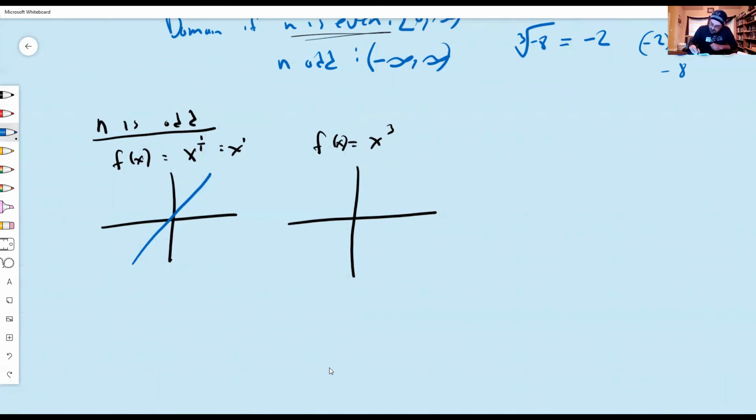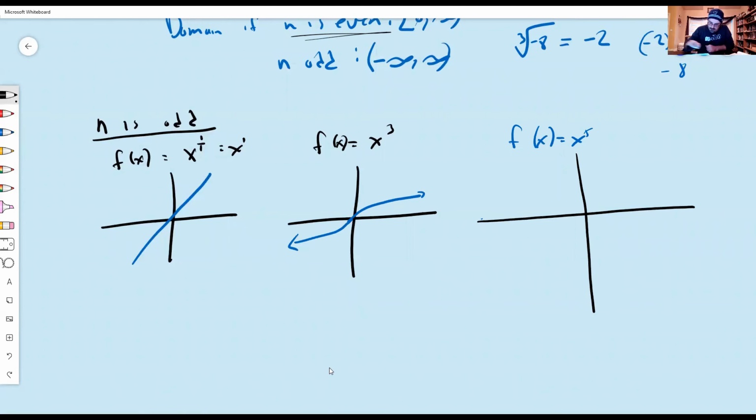So the picture looks something like this. And then, oh, I'm sorry, this should be x to the 1/3, and this should be x to the 1/5.